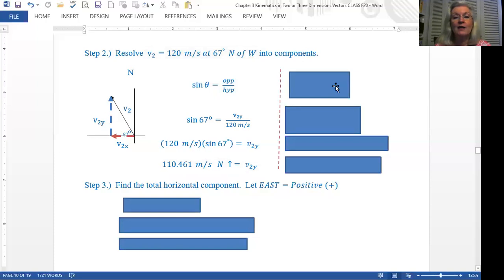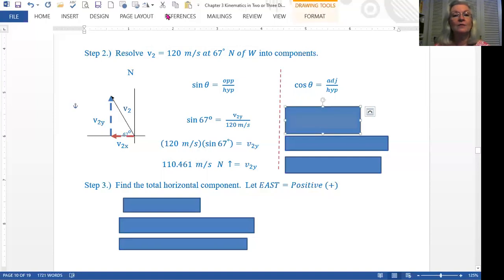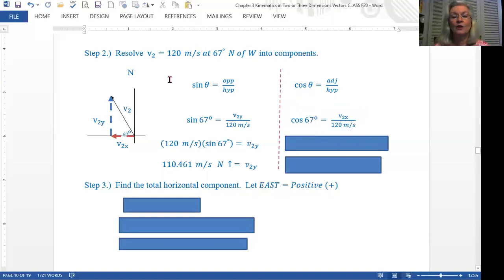We need to do the same thing with cosine. So cosine is adjacent divided by hypotenuse. Adjacent would be V2x. So cosine of 67 degrees is V2x divided by 120 meters per second. You need to cross multiply, so multiply both sides by 120 to get it out of the denominator.